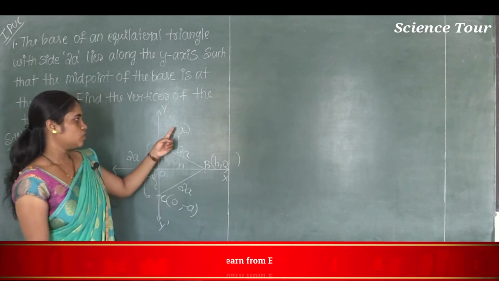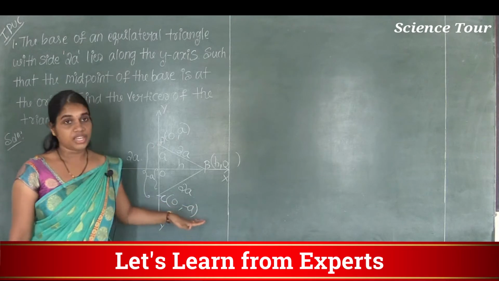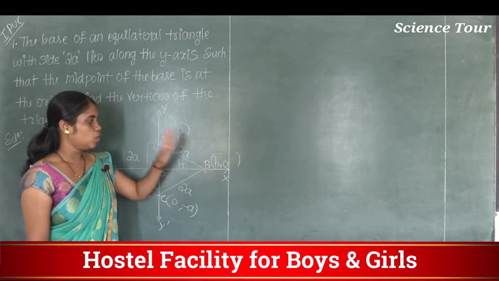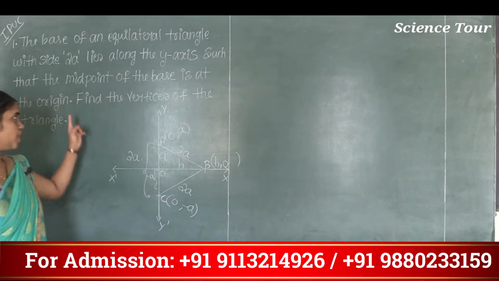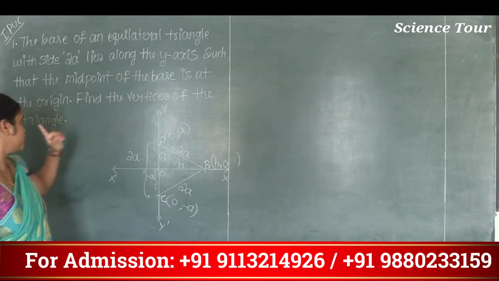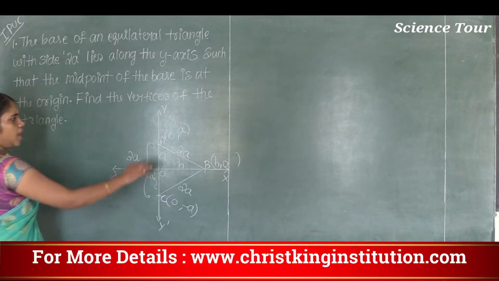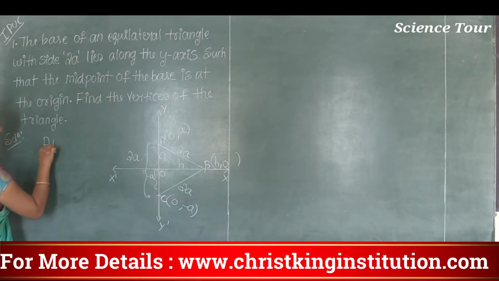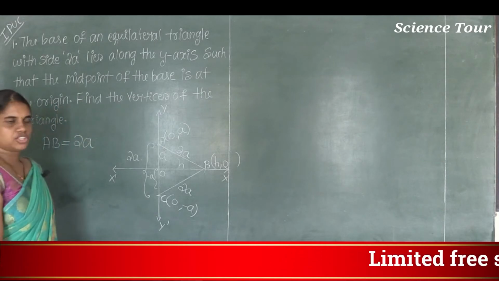0 comma A is the coordinate of point A, 0 comma minus A is the coordinate of point C, H comma 0 is the coordinate of point B. Actually, in the question it is given, find the vertices of the triangle. See here, I'll consider the length AB. We know that AB is equal to 2A, actually given in the question, isn't it?